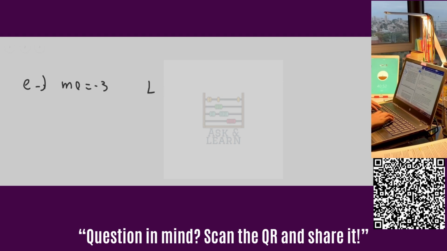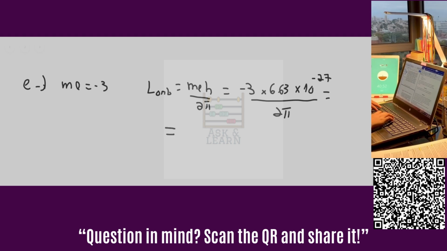So L orbital is m_l h divided by 2 pi. This is minus 3 times 6.63 times 10 to the minus 34 divided by 2 pi, and we have minus 3.2 times 10 to the minus 34 joule seconds.